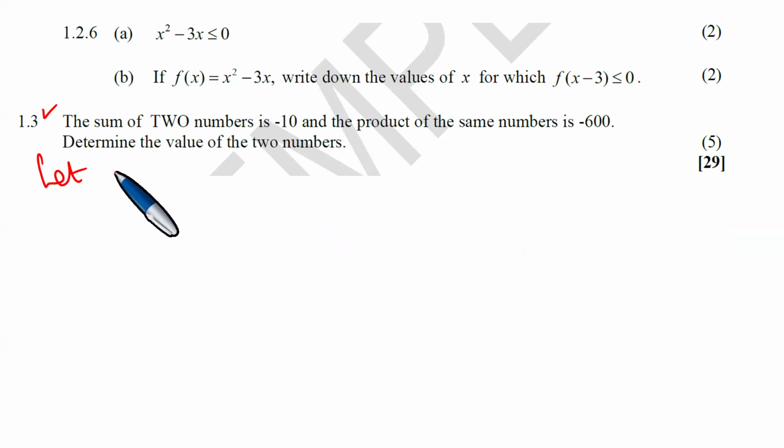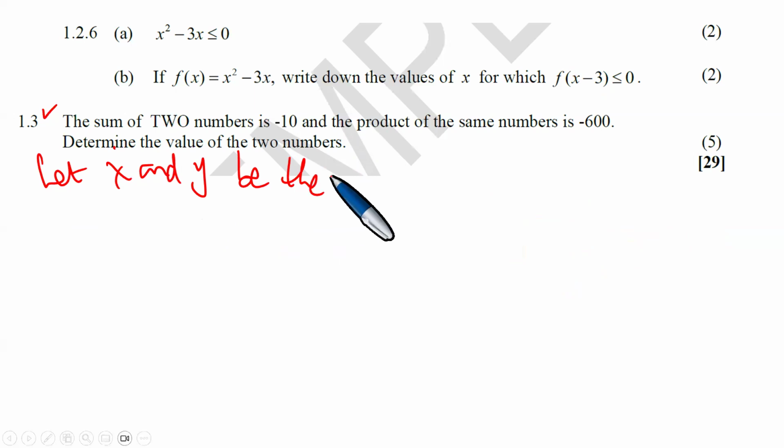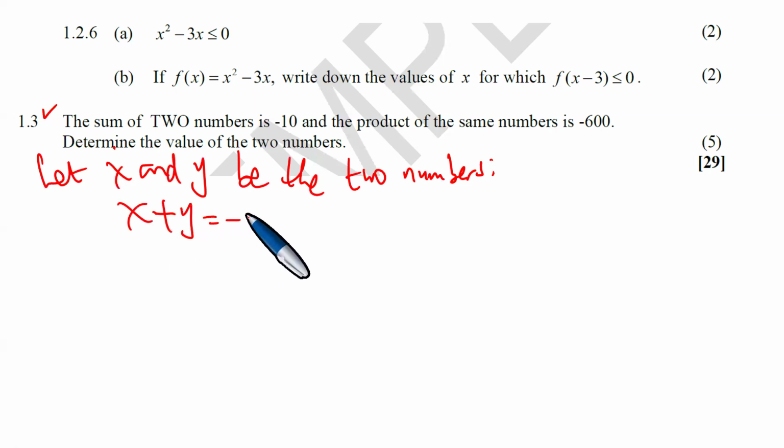So let x and y be the two numbers. And then you can get their sum and their product, like this.